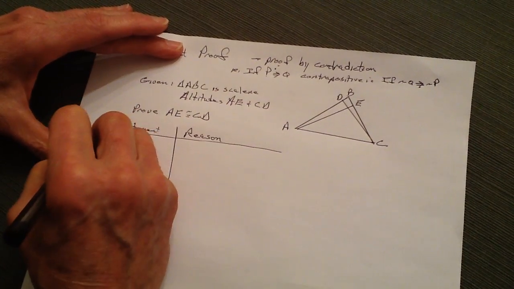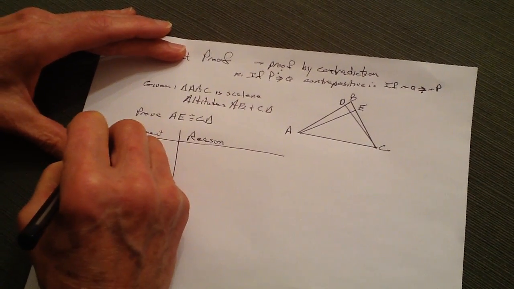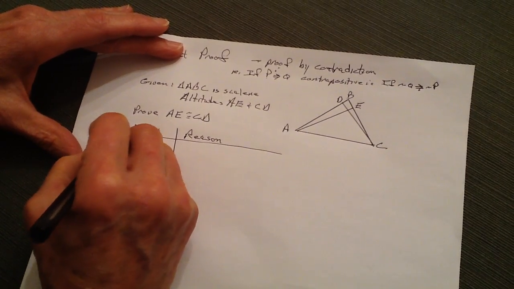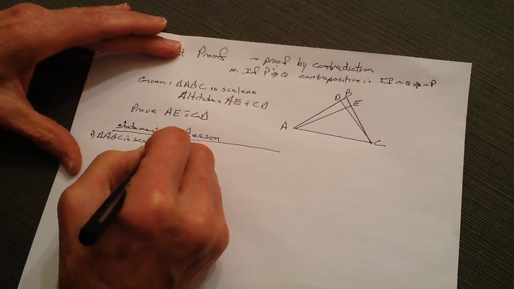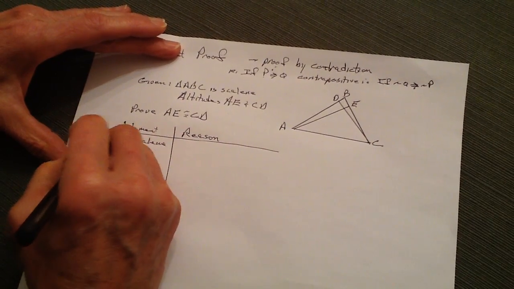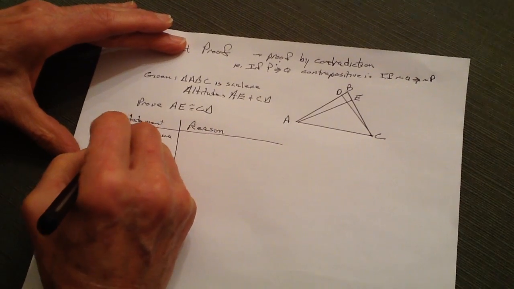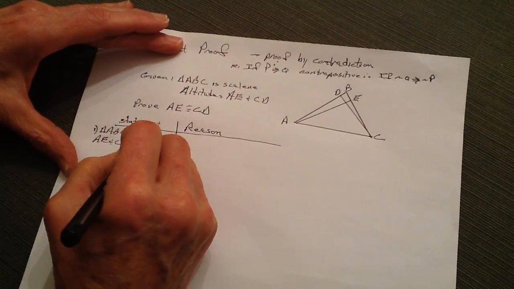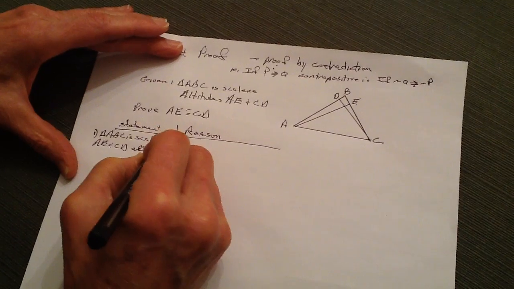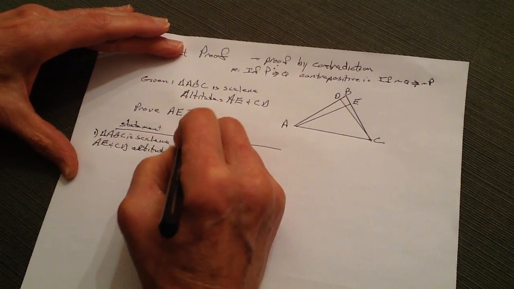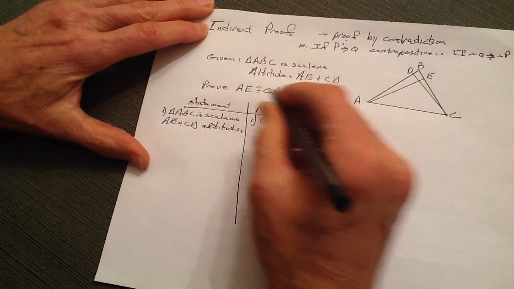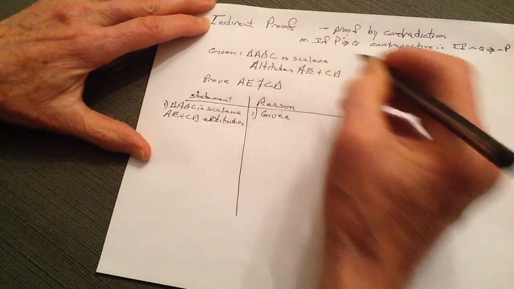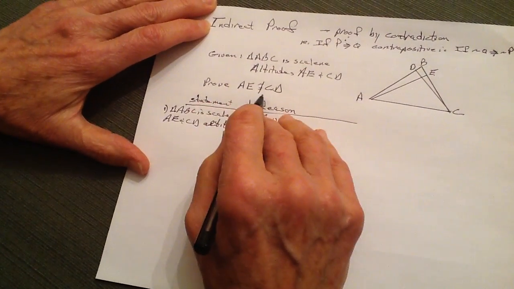So number 1, my given, is triangle ABC is scalene, and AE and CD are altitudes. Okay, that's given. Now I'm going to try to prove that these right here are not equal.